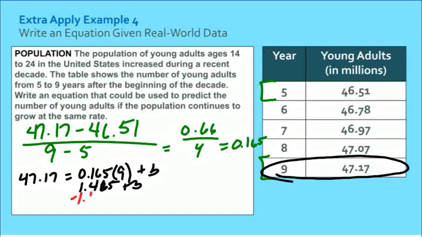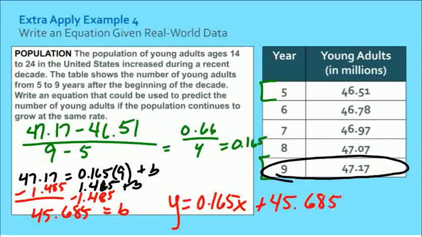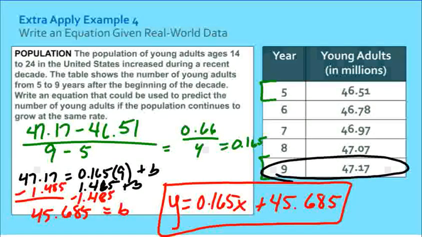To get b by itself, I subtract 1.485. 47.17 minus 1.485, I get 45.685, equaling our b. So our function that we could use would be y equals 0.165x plus 45.685. So those are our kinds of problems working with writing equations in slope-intercept form.